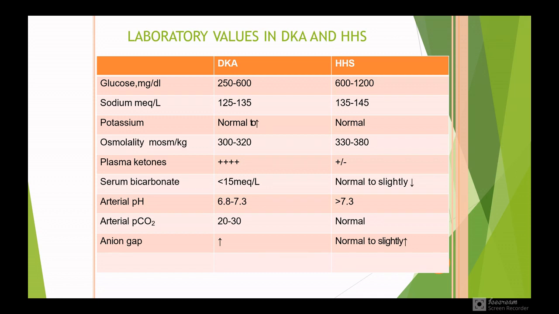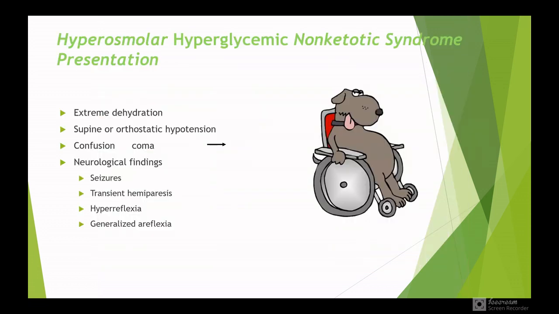But here is the main difference again: DKA arterial pH will be 6.8 to 7.3, but in HHS it will be more than 7.3. Arterial PCO2 is 20 to 30 in DKA, and in HHS it is normal. The anion gap is increased in DKA, and in HHS it is normal or slightly increased. But the main differences will be ketones, the pH level, and the glucose, the main three components.